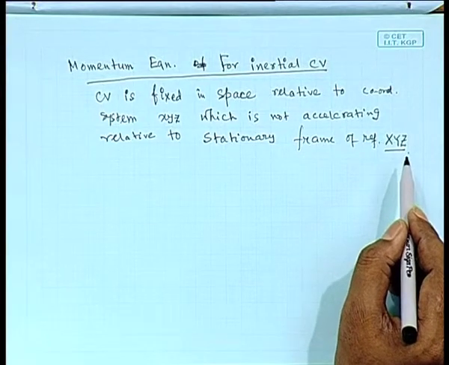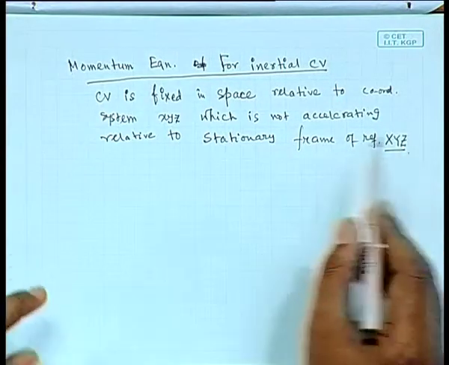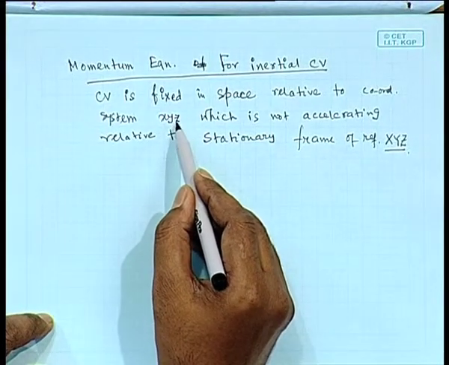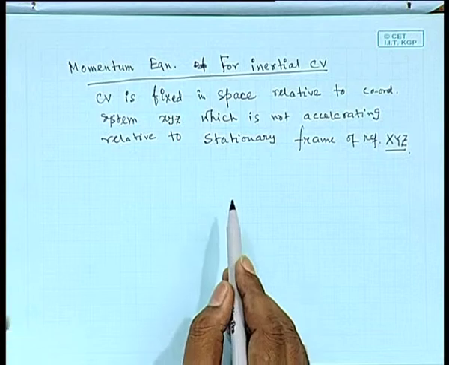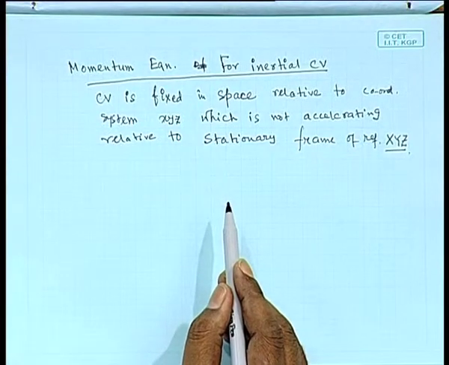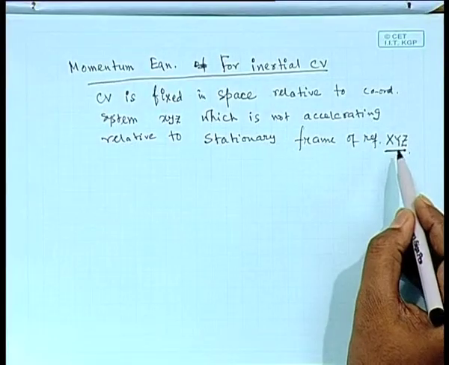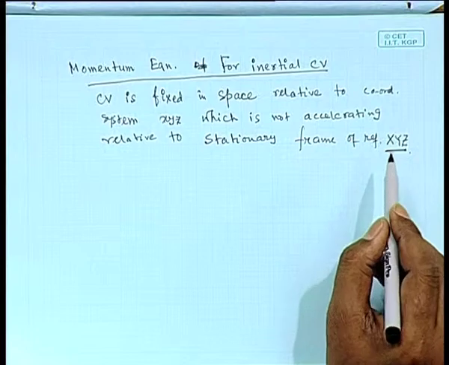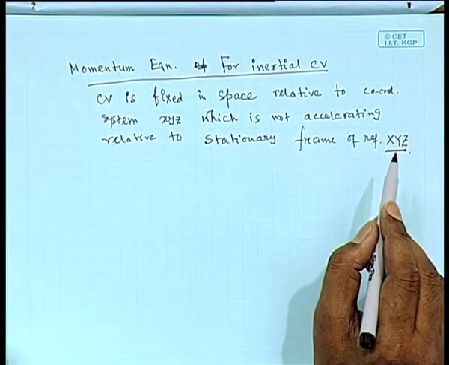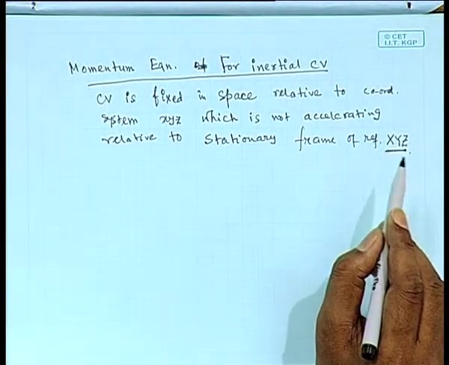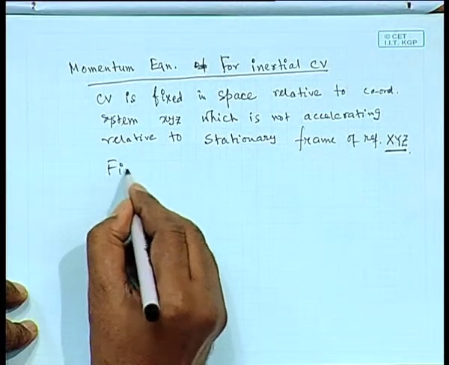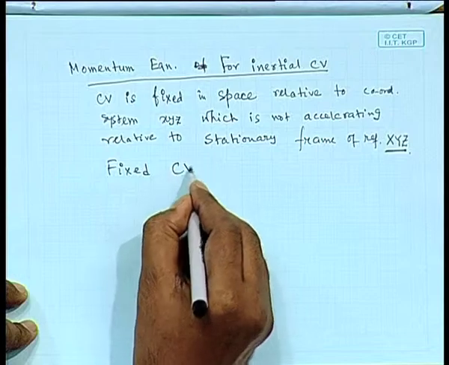When the control volume is moving with a uniform velocity, then we will write all our quantities with respect to x, y, z coordinates, because our control volume is fixed with the moving system. All the velocity quantities will be replaced by the relative velocity. The non-inertial frame of reference we will discuss later on. So, first we will discuss the fixed control volume.